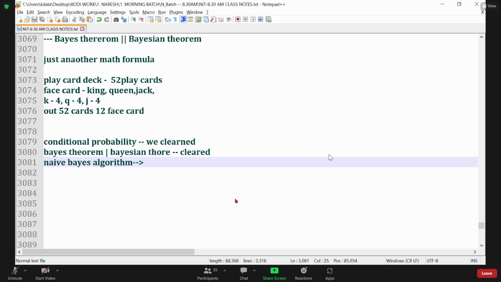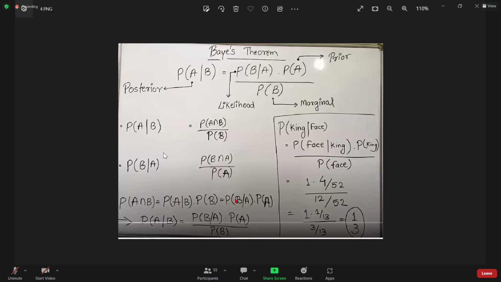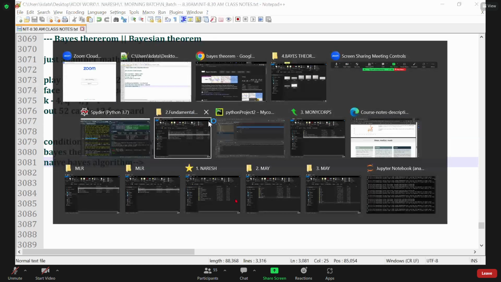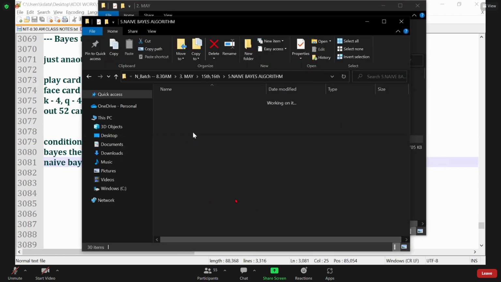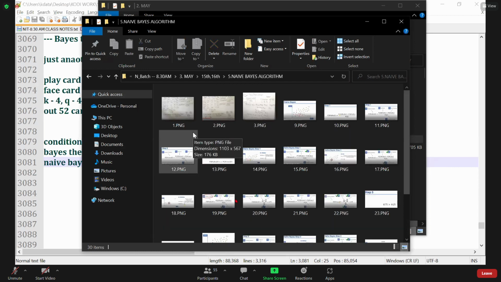Okay, so Bayesian theorem is clear. Now I'll talk about Naive Bayes, and I will give you the scenario of where exactly it is used. Once after my explanation, you can check any book or any material, anywhere you can find it, and you will understand the knowledge, guys.